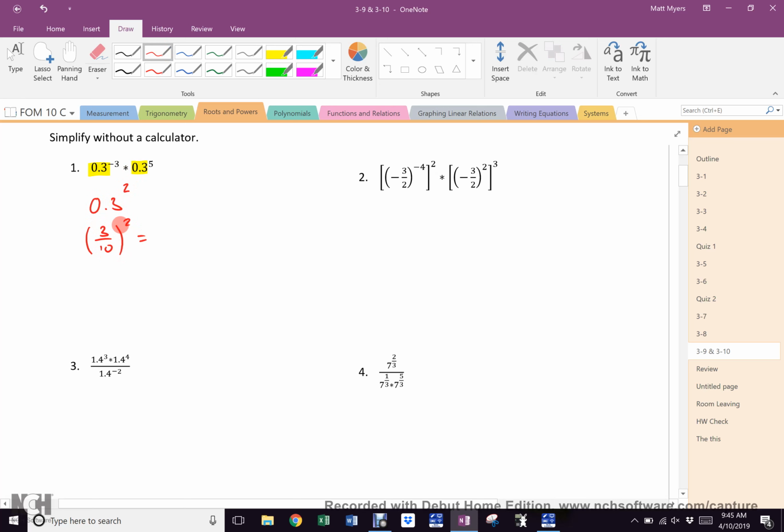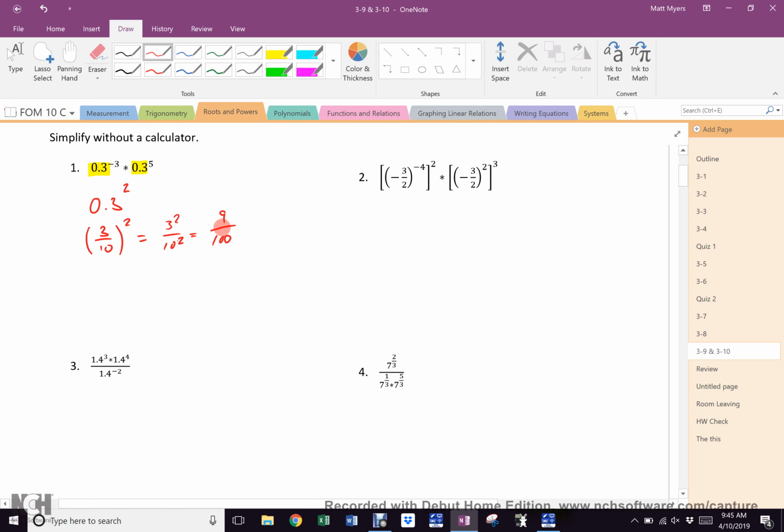And what do we know about an exponent and a fraction? It applies to both. So what do I have here, really? 3 squared over 10 squared, which is 9 over 100.